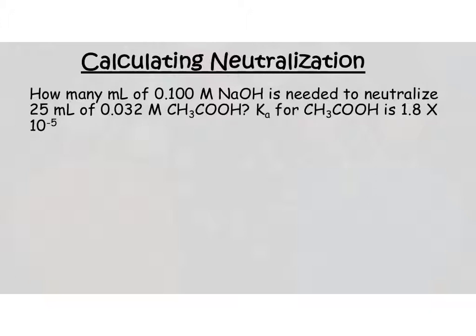All right, so first off, we have a strong base and a weak acid. Okay, so we have one H and one OH, so I can use my M1V1 equals M2V2.